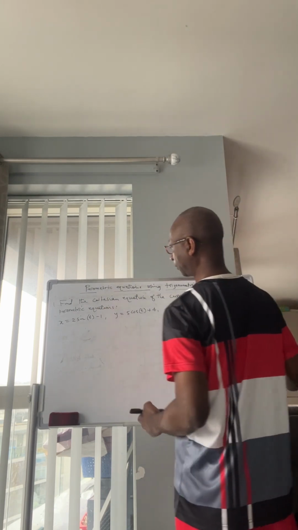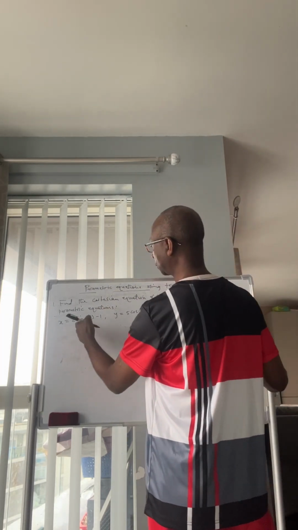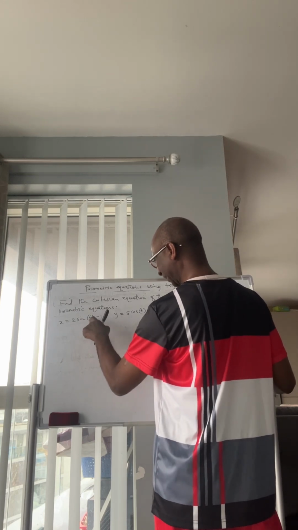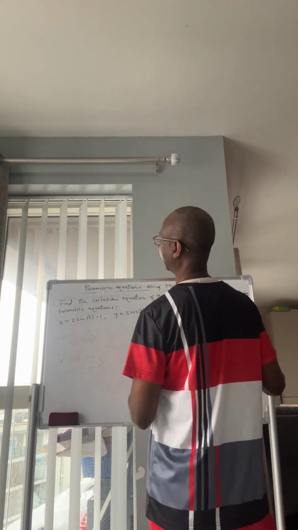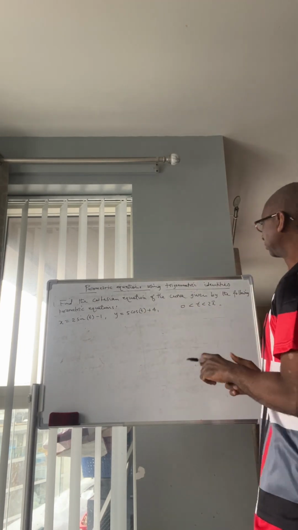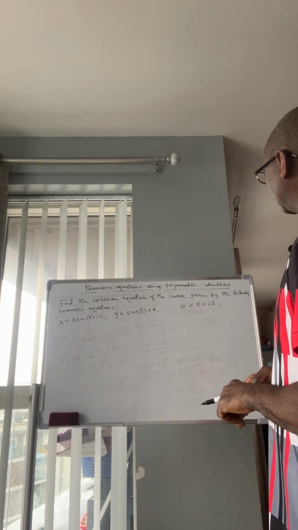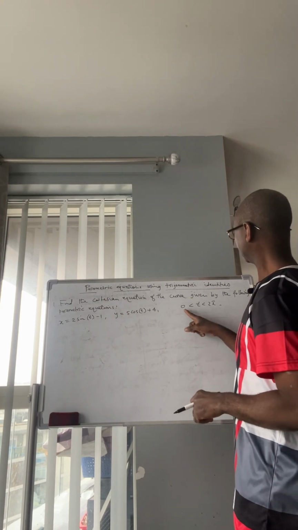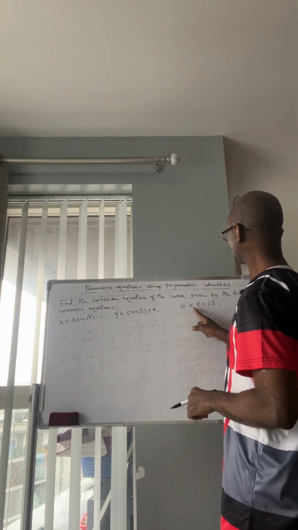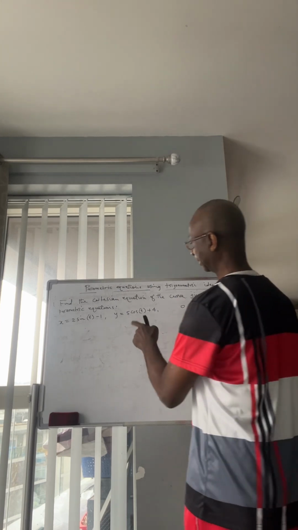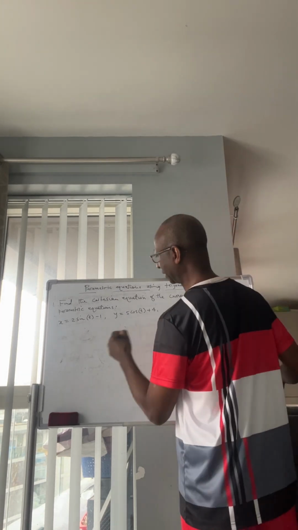So let's start with the first one here that says x equals 2 the sine of t minus 1. We want to make t the subject of the formula here. But looking at this problem, you are told that t varies from 0 to 2 pi. So let's see what it means.